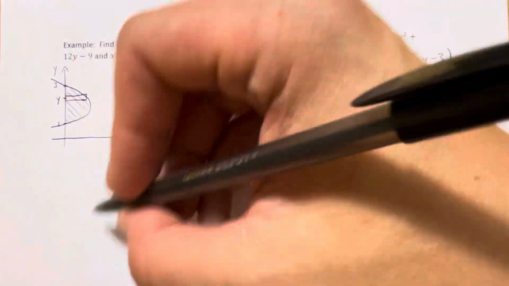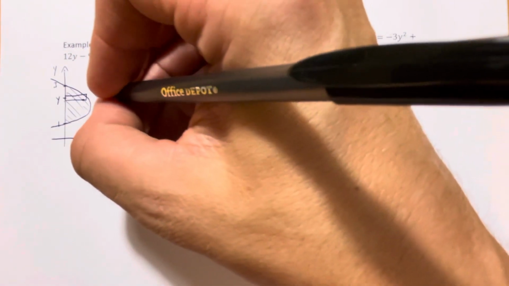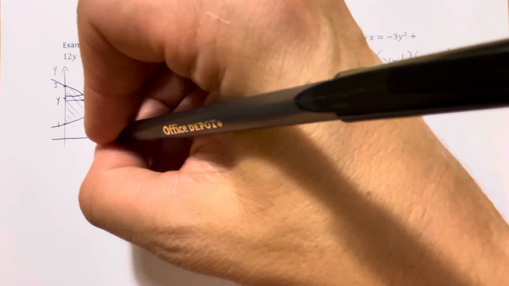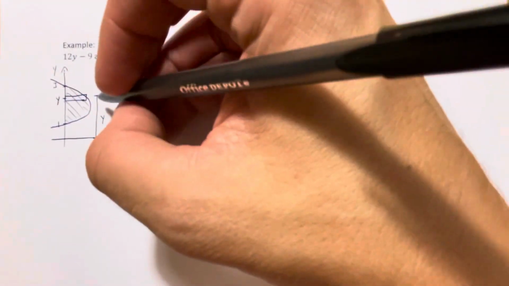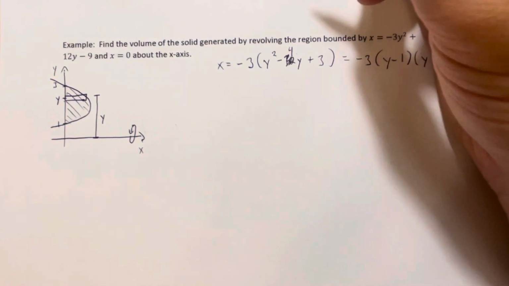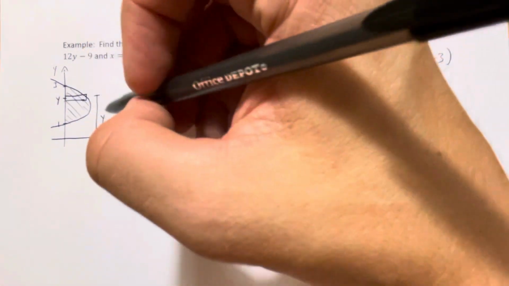What would the radius of this cylindrical shell be? Well, remember, it's just the distance from your rectangle to the axis you're rotating about, which, if I'm calling that y, is exactly y. What about the height of that rectangle?